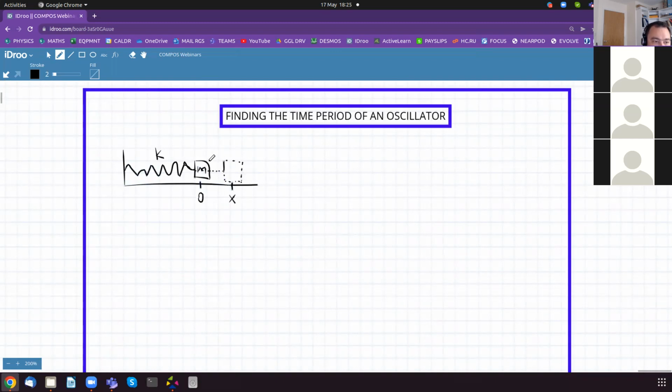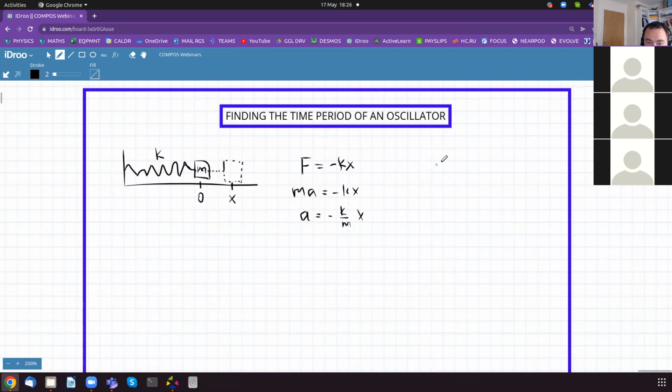The restoring force, as we already established, is minus kx. So we write down that the resultant force, which in this case is the same as the restoring force, is minus kx, or ma equals minus kx. That means acceleration is minus k over m times x.